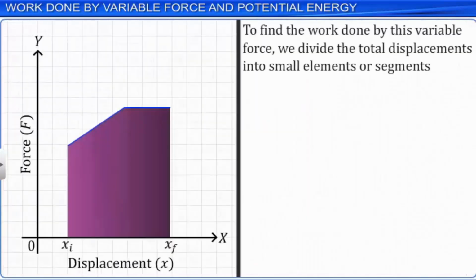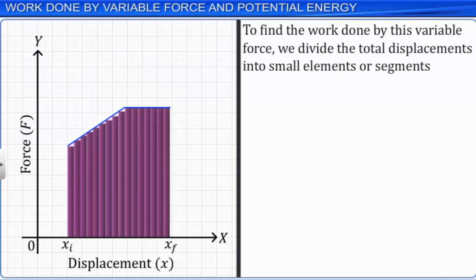To find the work done by this variable force, we divide the total displacement into n number of small elements or segments, delta x1, delta x2, delta x3, and so on till delta xn.